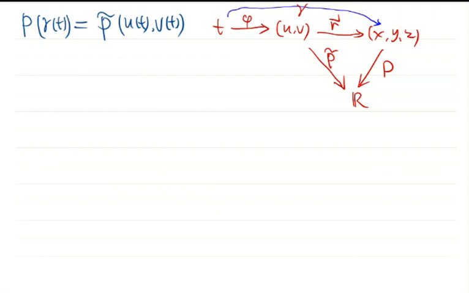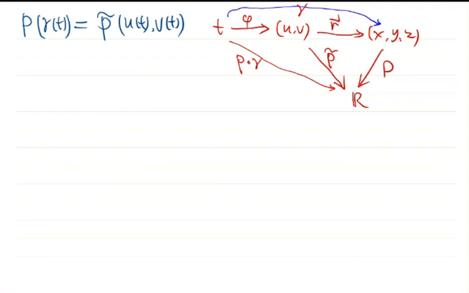So P(gamma(T)): T was mapped to (x, y, z) by gamma, and (x, y, z) was mapped to a real number by P. The composition is a function of T, that is also P tilde(U(T), V(T)).